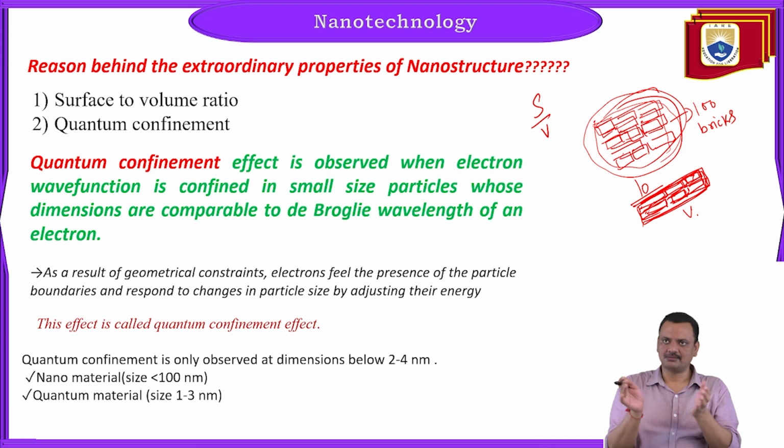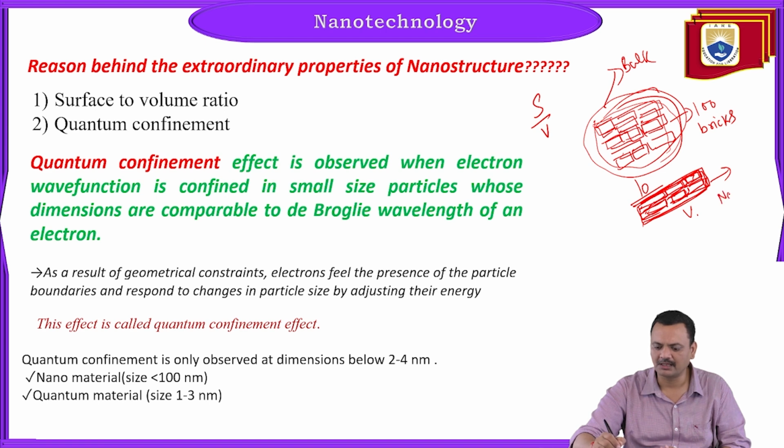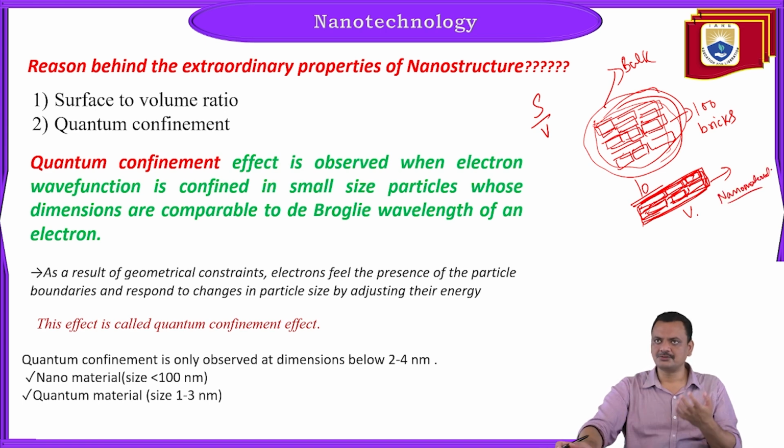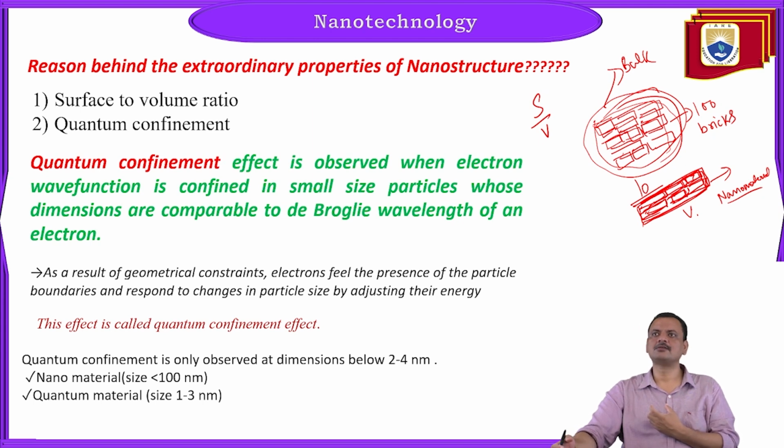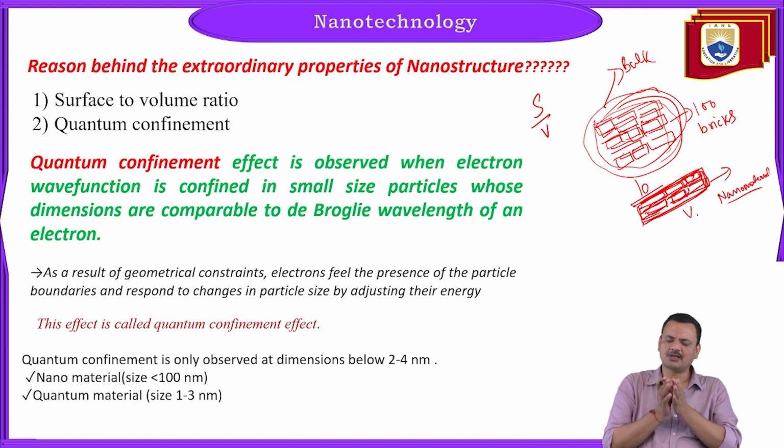You can compare this as a bulk material and this as a nano material. Once you move from bulk to nano, your surface to volume ratio increases. It means that most of the atoms or molecules present in that nanostructure are always available at the surface of that structure.